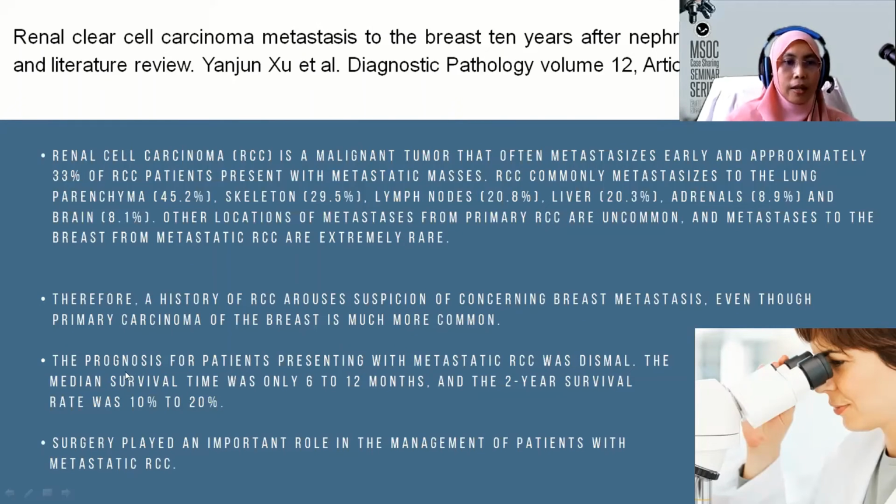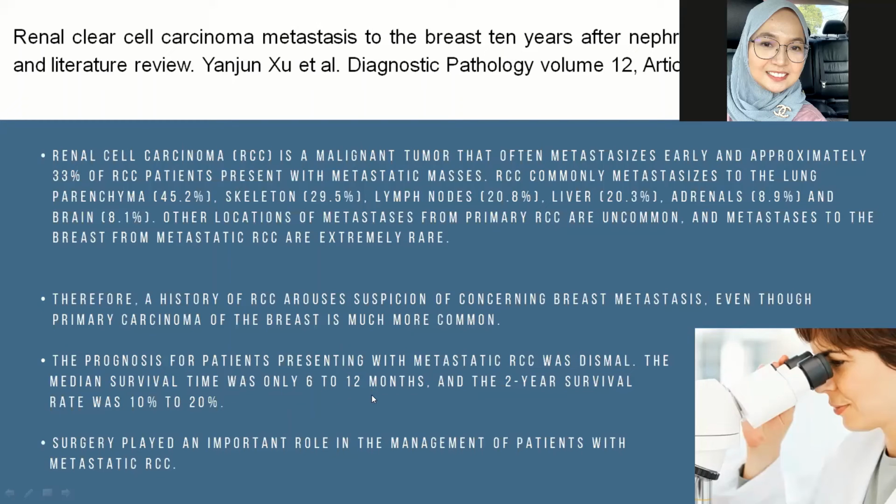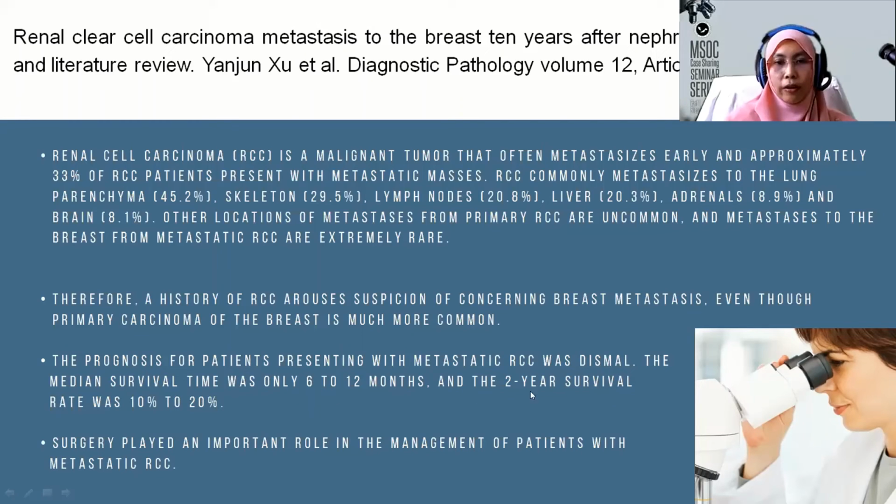The prognosis for patients presenting with metastatic RCC is bad, and the median survival time was only 6 to 12 months, and the 2-year survival rate was 10 to 20%. Surgery plays an important role in the management of patients with metastatic RCC.